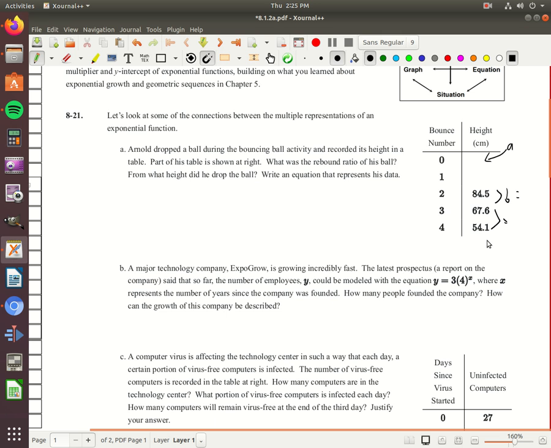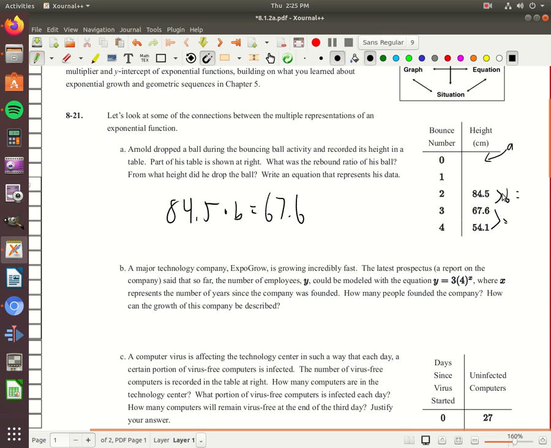So I would suggest that you use some algebra. I always encourage people to write this out because it can be confusing. Sometimes kids just divide one by the other, but they don't know why they're dividing one by the other. We know that 84.5 times b is going to equal 67.6.